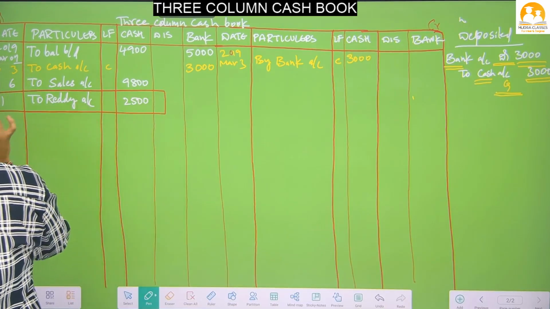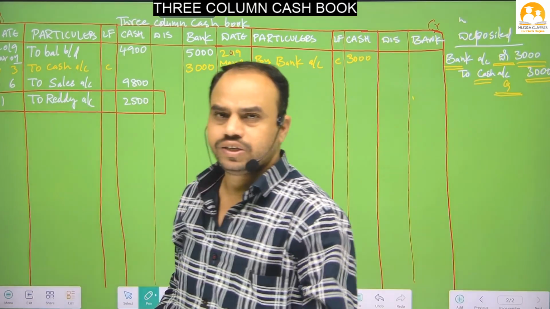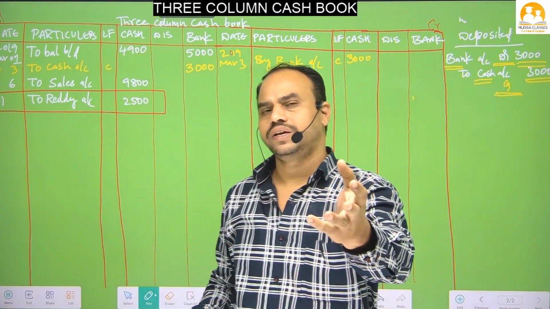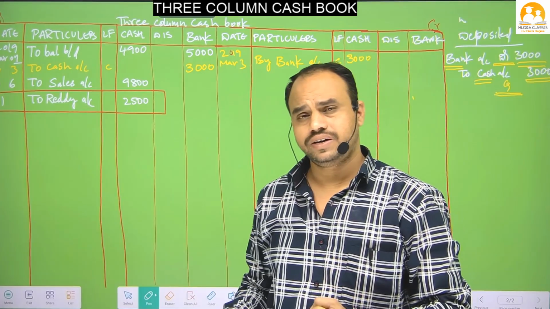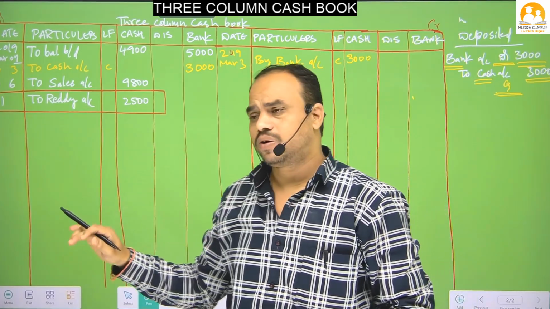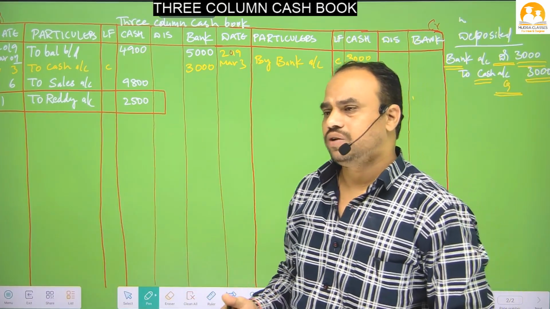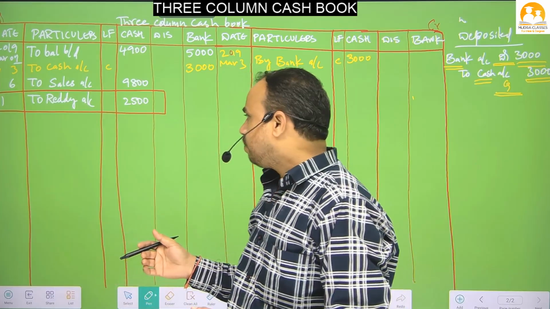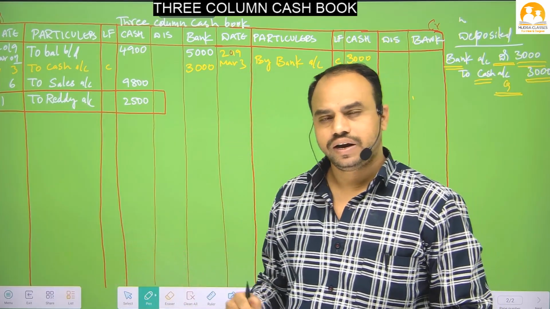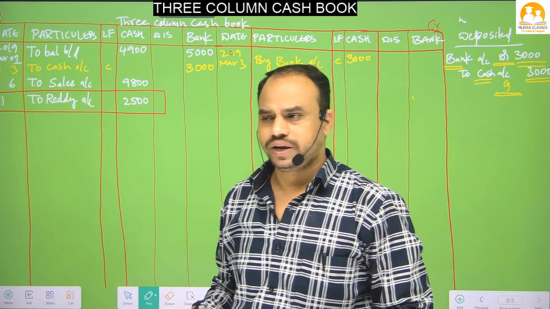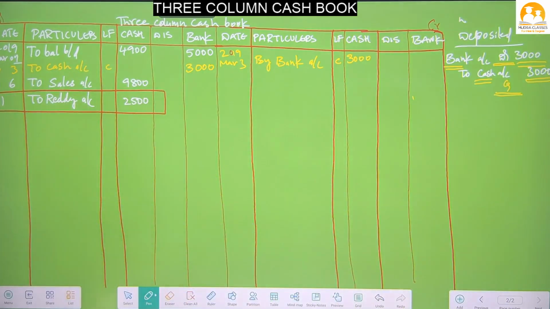You have to concentrate here. We received a cheque, so many people think that since a cheque is related to the bank, they will write it in the bank column. That is wrong, because on the same day we did not deposit it, so we have to assume that we received cash from Reddy and write it in the cash column. This is very, very important.